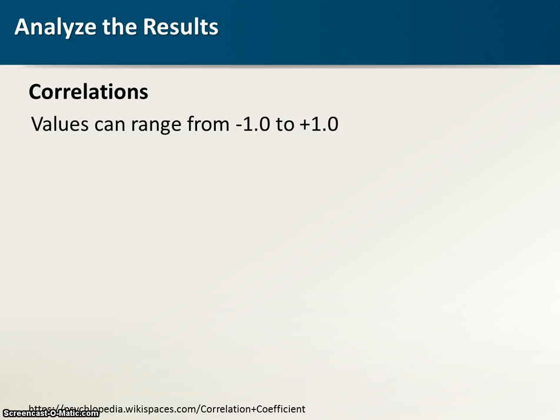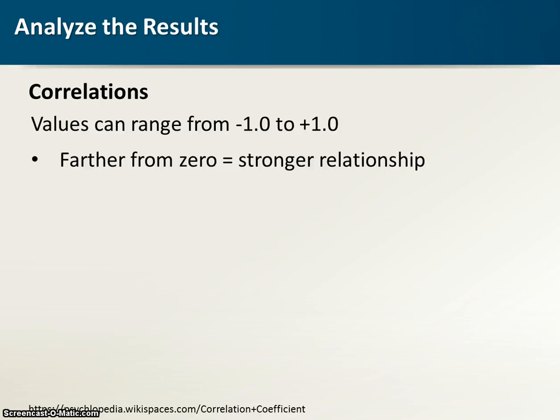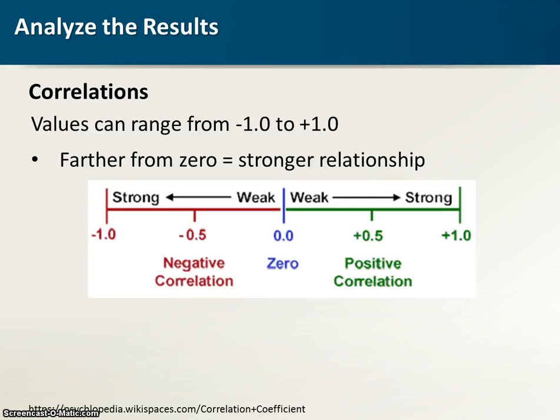The first is its strength, and that's determined by how far away from 0 it is. Right? So 0 means no correlation. This is like your IQ and the length of your pinky toenail. There's just no relationship. The farther you get in either direction, the stronger it is. So -0.8 is going to be a lot stronger than, say, +0.2.